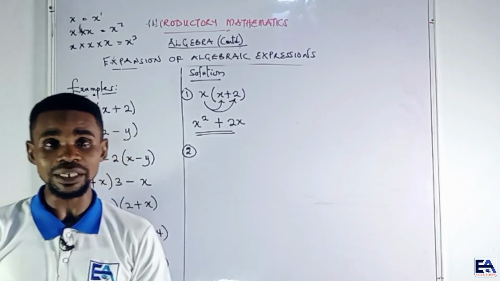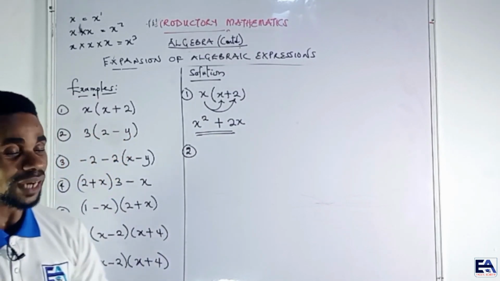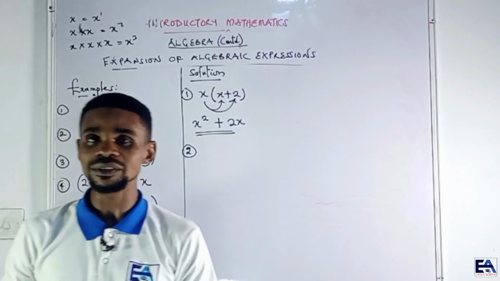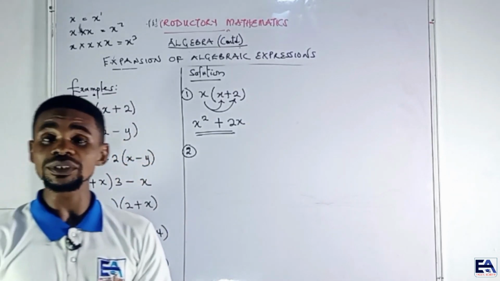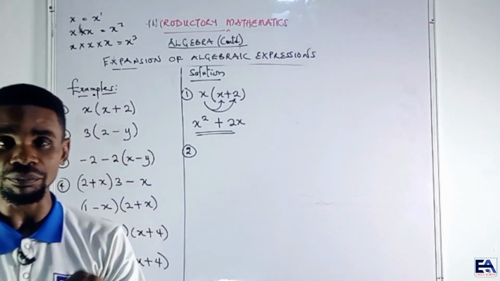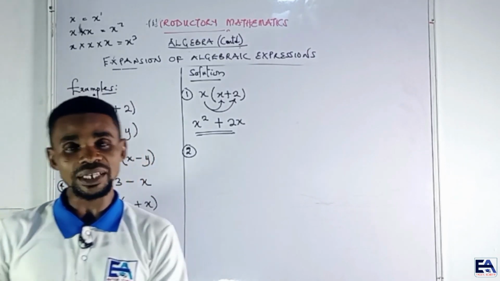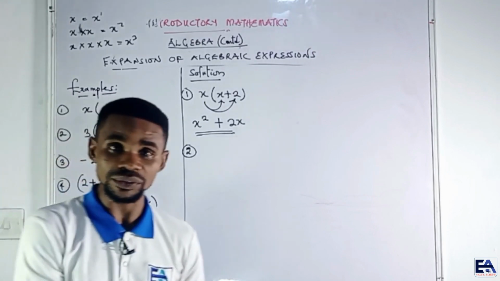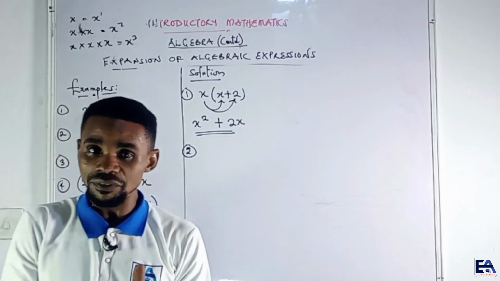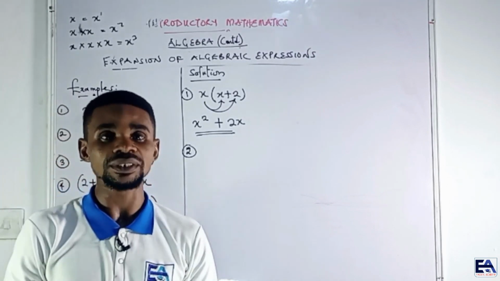If my name is Emmanuel Kadiri and another person's name is Emmanuel Johnson, the fact that we both have Emmanuel doesn't necessarily mean that we belong to the same family. Emmanuel Kadiri is different from Emmanuel Johnson. That difference makes us not belong to the same family.